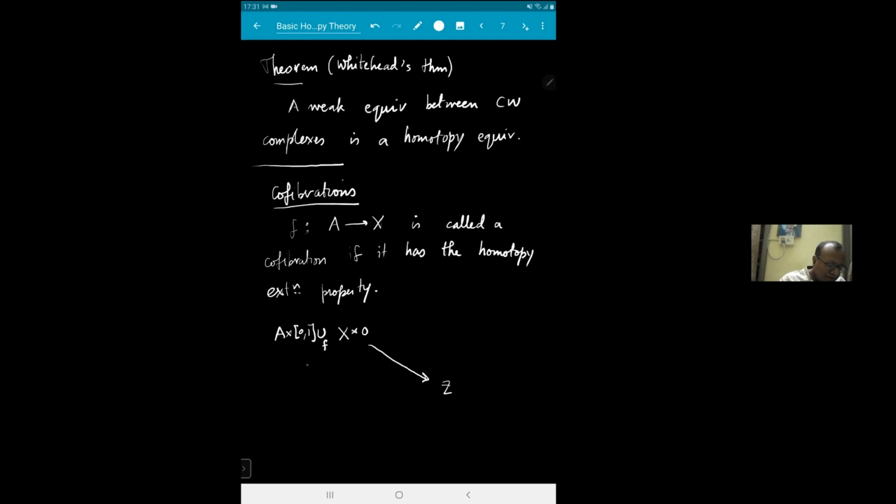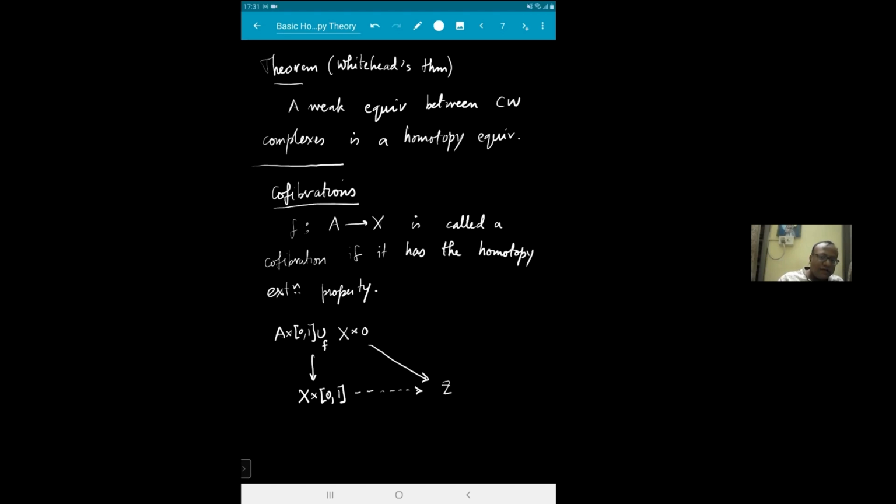So then I can include this in X cross [0,1]. So the question is whether we can extend this to X cross [0,1]. That means I have a map from X to Z, and I have a homotopy of the restriction of the map to A. So the thing is whether I can extend the homotopy all over X.